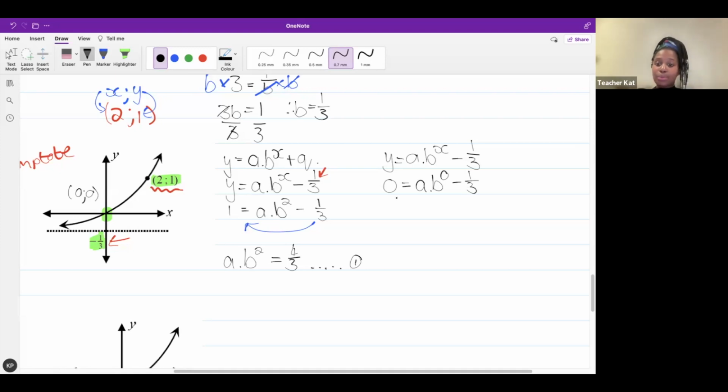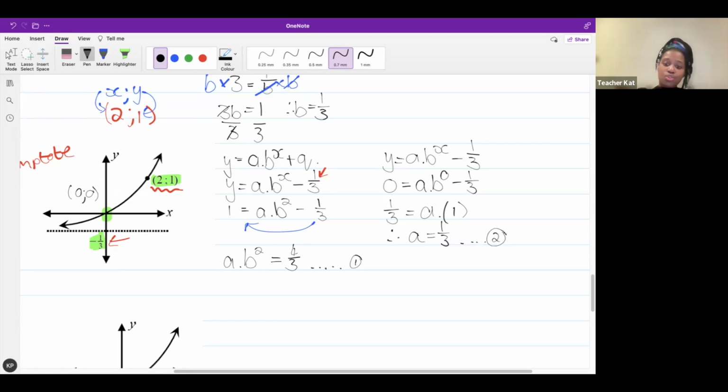And then we're moving our third over that side. So it's going to be a third is equal to a times what's b to the power of 0? It's 1. Thank you. Therefore, my a is just a third. And this is my equation 2.